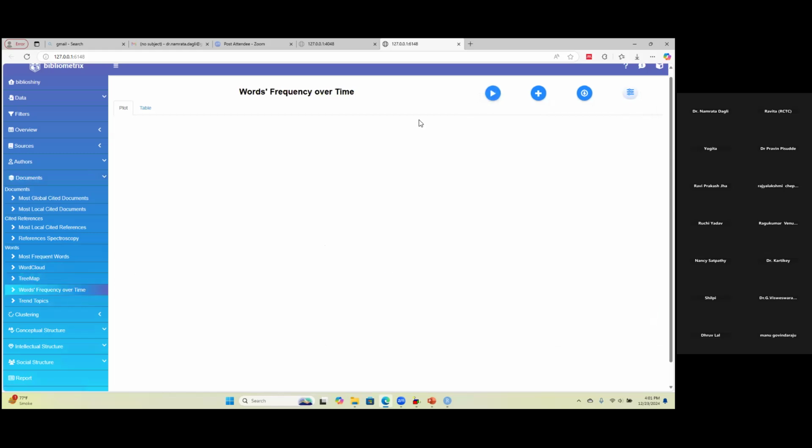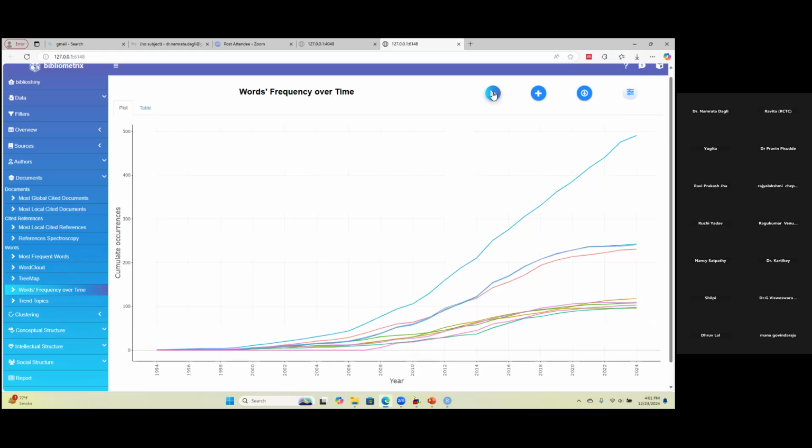We can also see word frequency over time. We just explore what it is showing: human, female, adult.